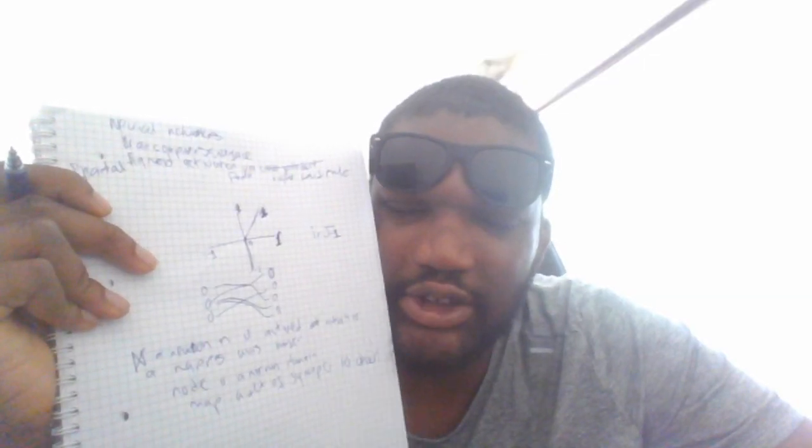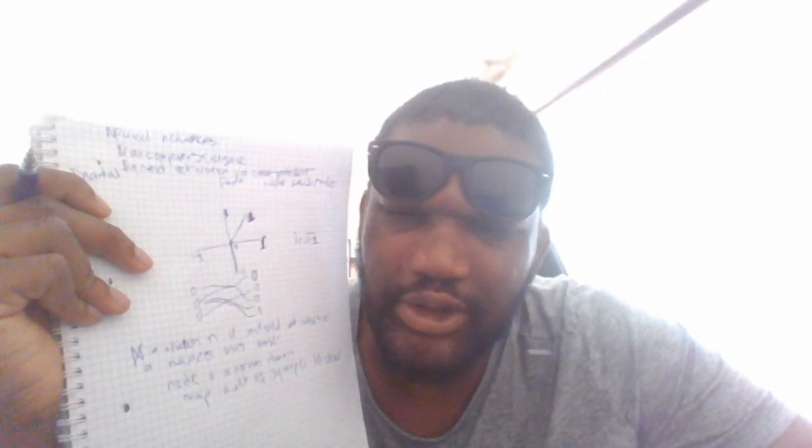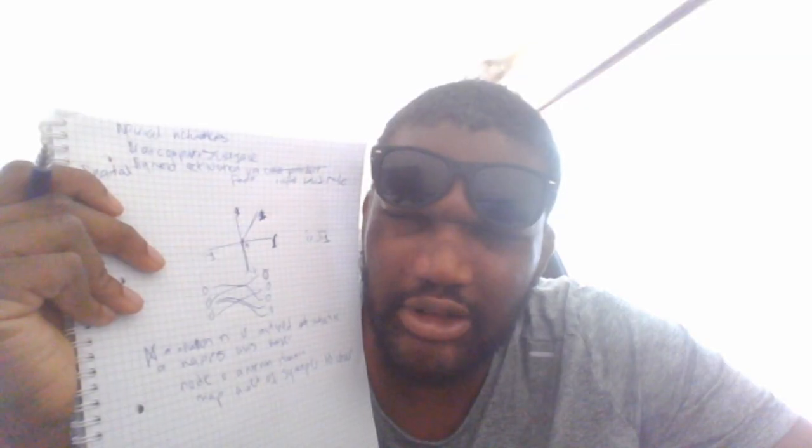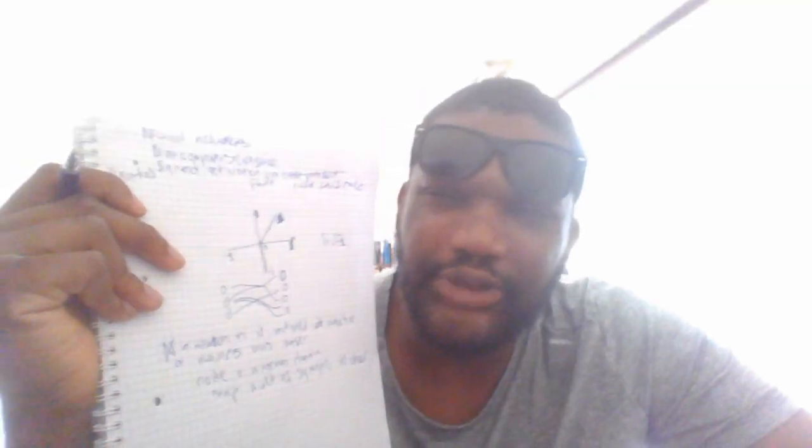This is where a sigmoid function comes in. A sigmoid function is a function that has an input from a set of ranges. Let me remember. Is it a finite set of ranges?